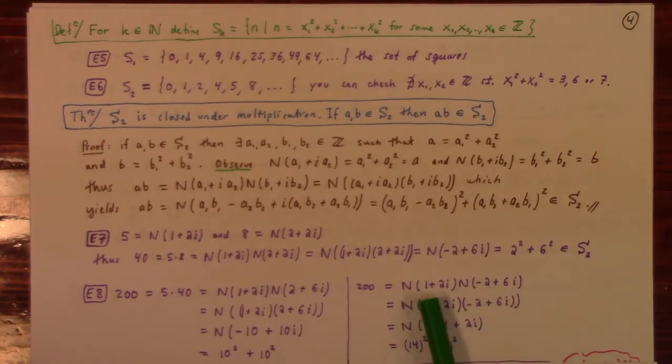I'm still going to get the product of 5 times 40, which is 200. But this time when I multiply those numbers out, I don't get minus 10 plus 10i, I get minus 14 plus 2i, which uncovers the fact that 200 is also 14 squared plus 2 squared. 14 squared is 196. So yes, of course, 196 plus 4 is 200, right?